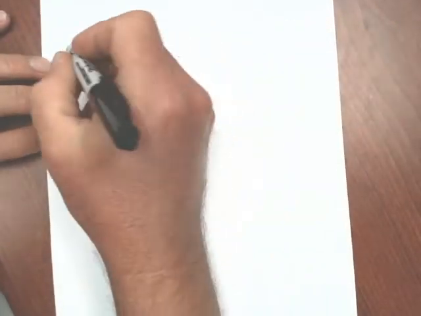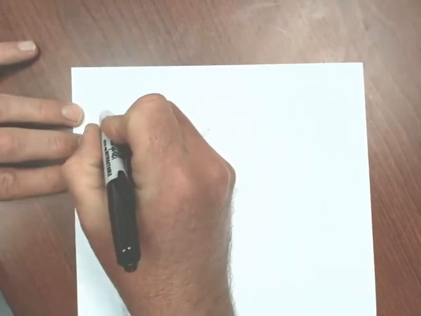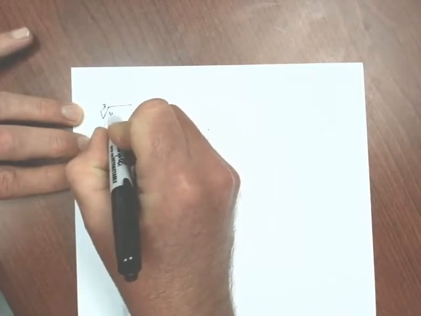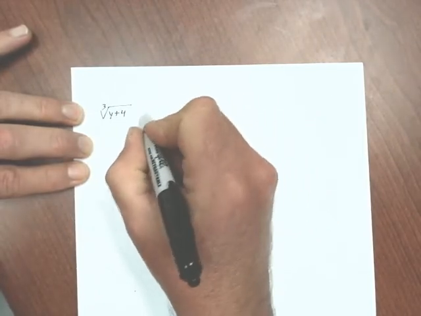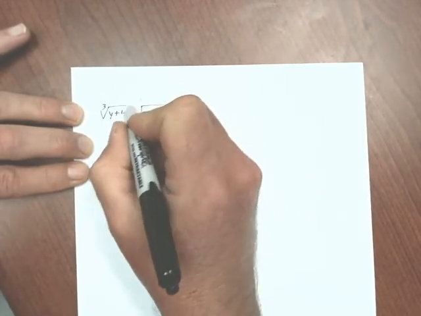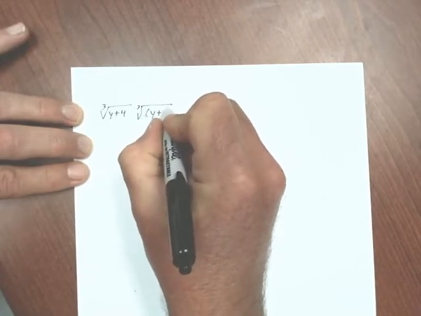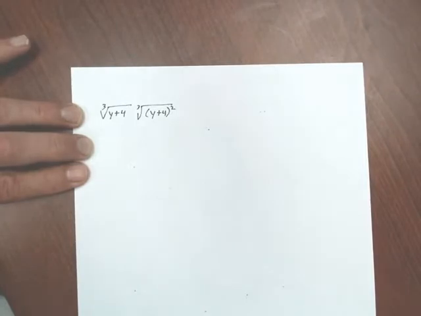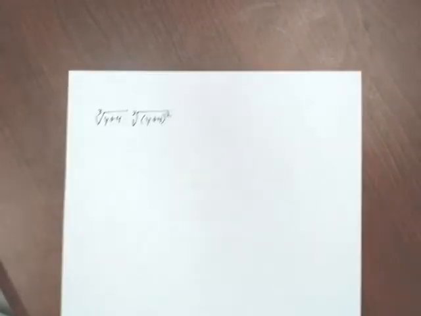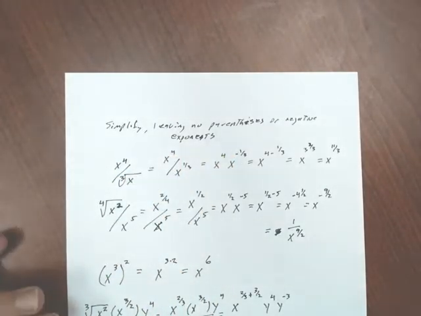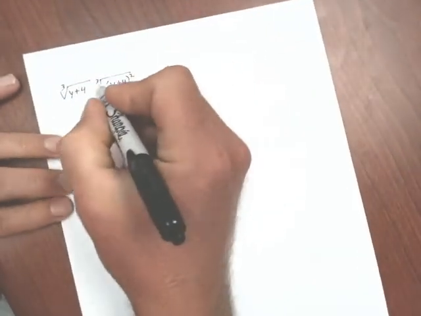Let's do some more. How about the cube root of y plus 4 times the cube root of y plus 4 squared? Now again, we are simplifying, leaving no parentheses or negative exponents. So what do we get?